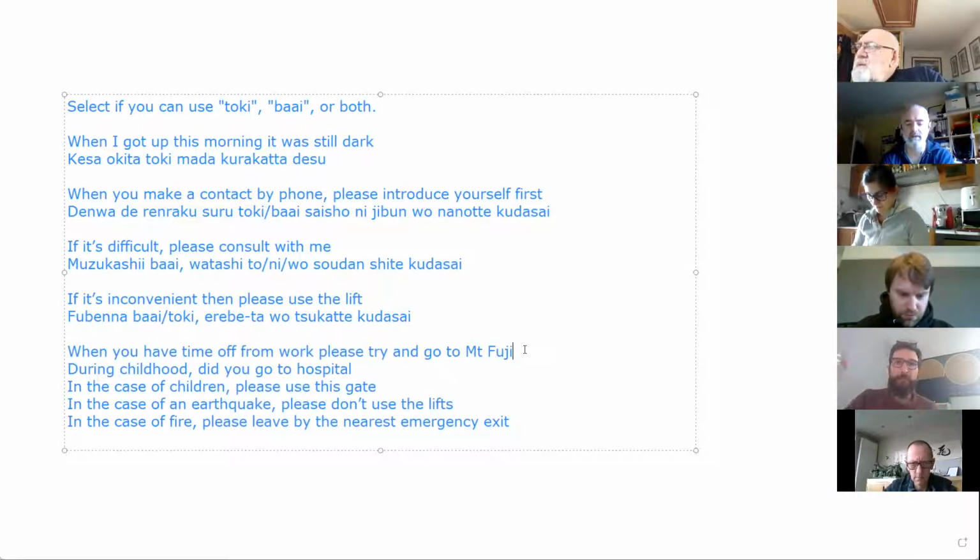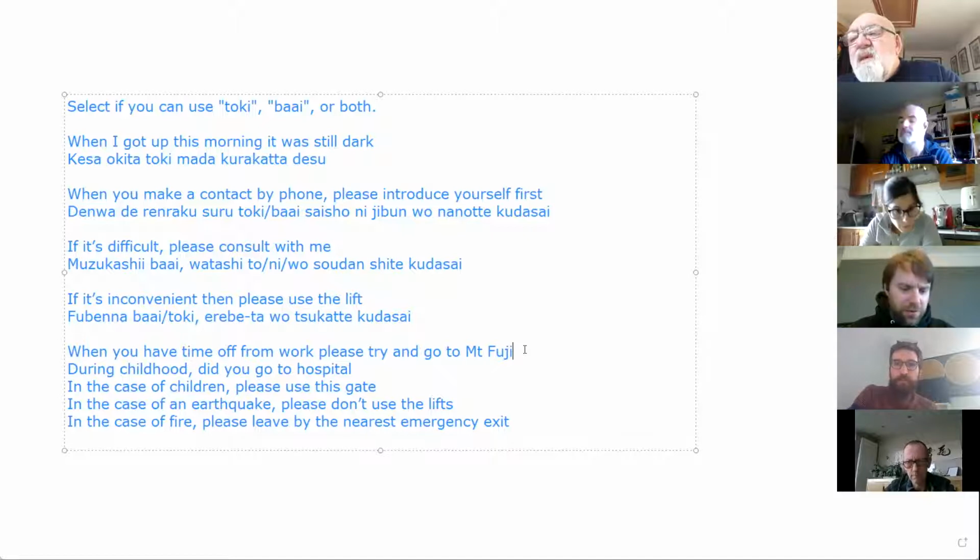When it's futsugo would be when it's a bad chance, when it's not convenient. Maybe. Fuben looks like a noun. Or is it? No, it's an adjective, yeah. And futsugo is also an adjective. Yeah, I understand what you mean now.